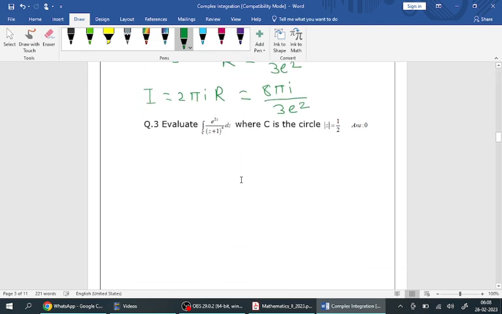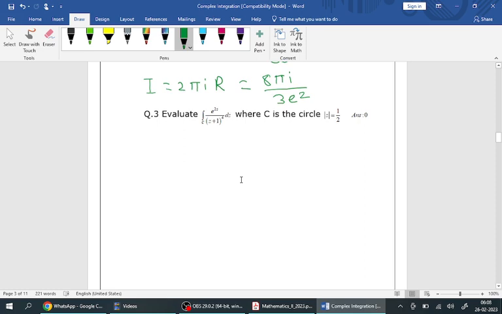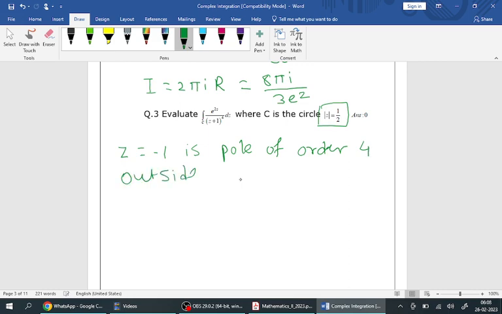That about question 2. Now question number 3 is something different. You will observe now the circle is given of radius 1 by 2, and we have the same pole. So z equal to -1 is a pole of order 4, but it is outside the circle mod z equal to half.